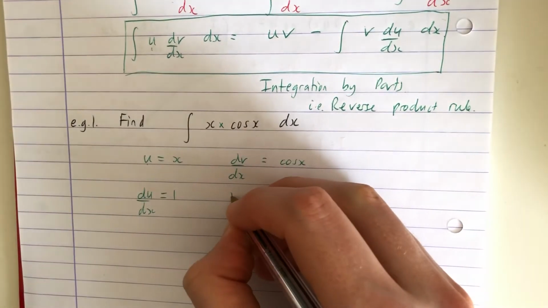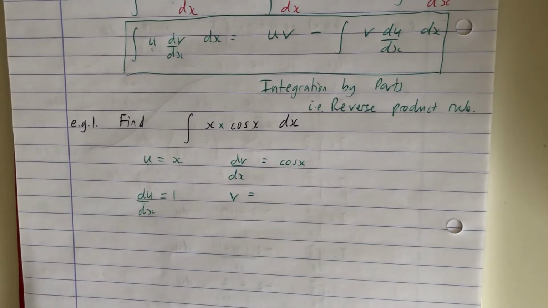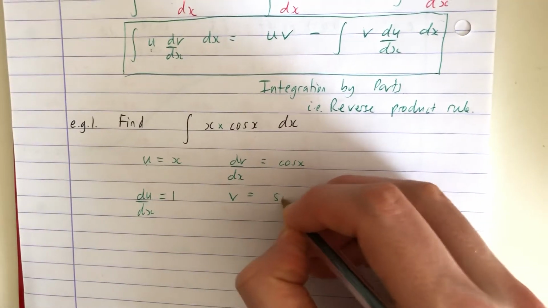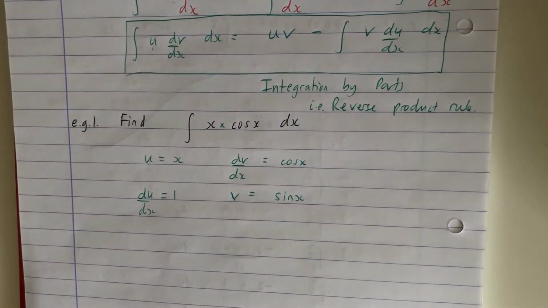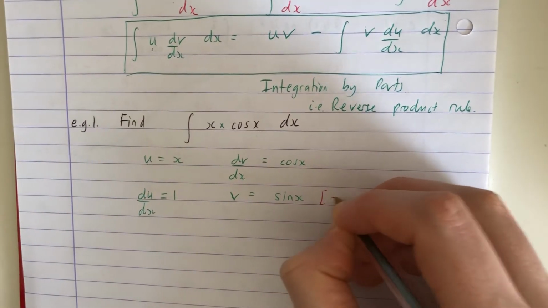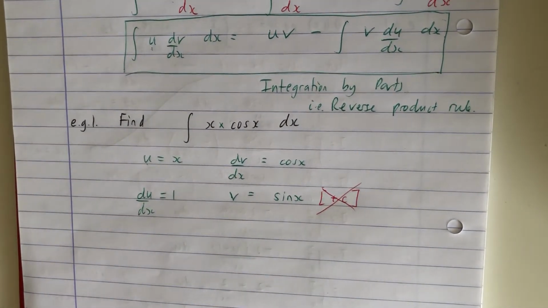And if you've got dv by dx, you can work out v by integrating. And cos x integrates to sin x. You don't need the plus c in integration by parts yet. But we don't need that yet.